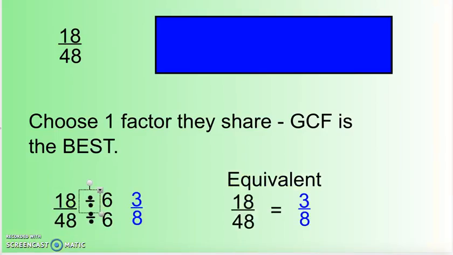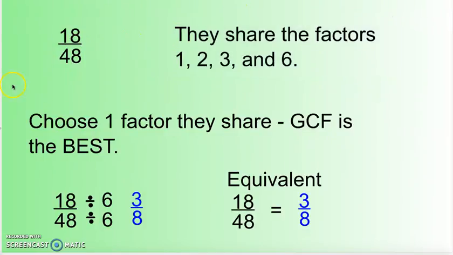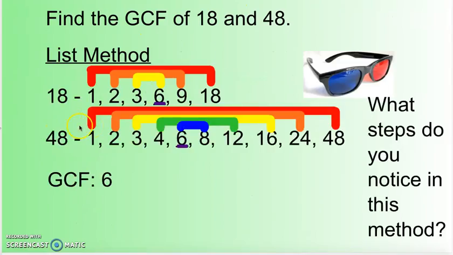So let's look at a fraction. We are going to find the greatest common factor that they share, and we have actually listed all the factors already. At the beginning I showed you, so 18, these are all the factors, 48, here are all the factors, and they shared a 1, a 2, a 3, and a 6.